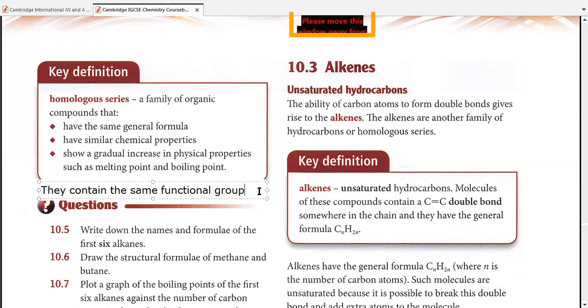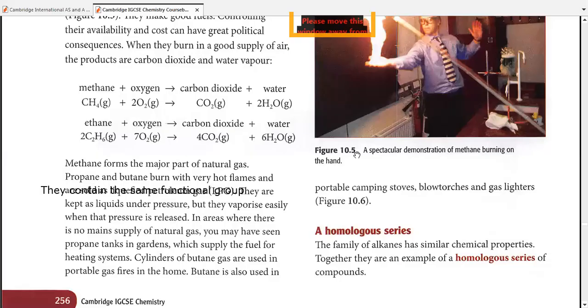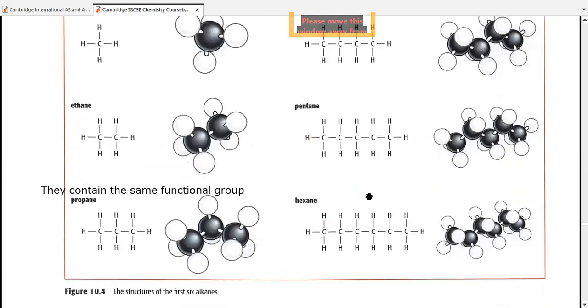But let me tell you, they aren't always arranged in the same way that they have been shown in the diagram on the previous page. They can be arranged differently. Just talking about butane, it can be arranged in 3 different ways. Pentane, 4.